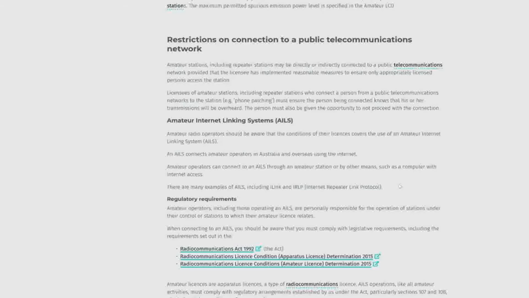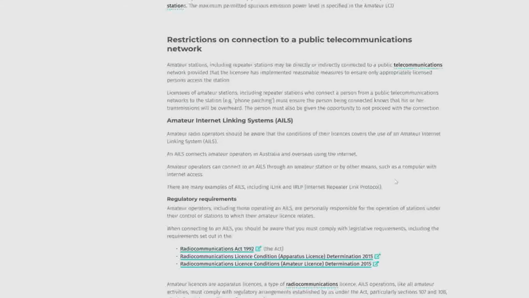And in a nutshell, we can use the internet to connect radio systems together, provided we ensure that no unlicensed persons can get access to those radio systems. So that's the amateur internet linking systems. For example, IRLP, the Internet Repeater Linking Protocol.